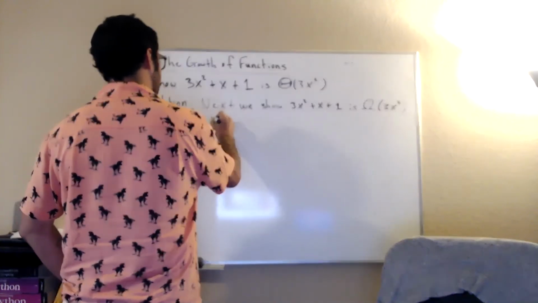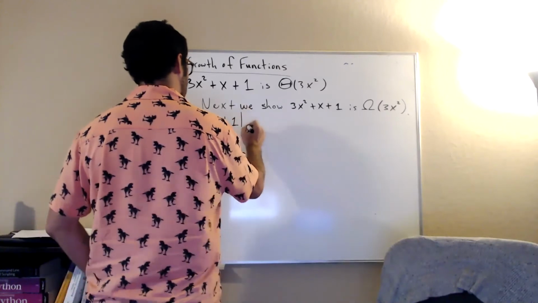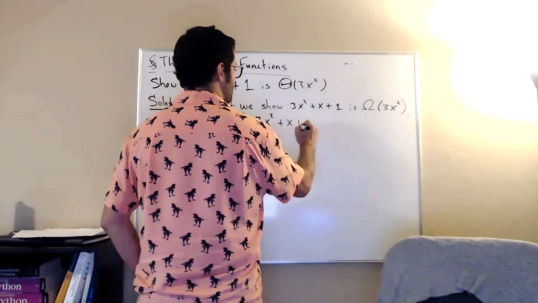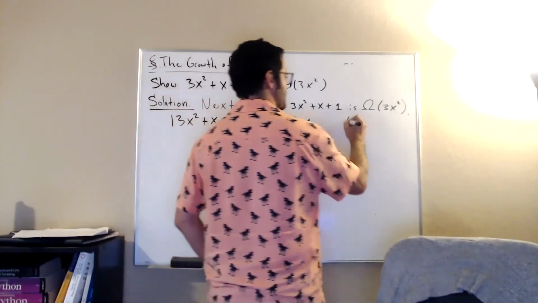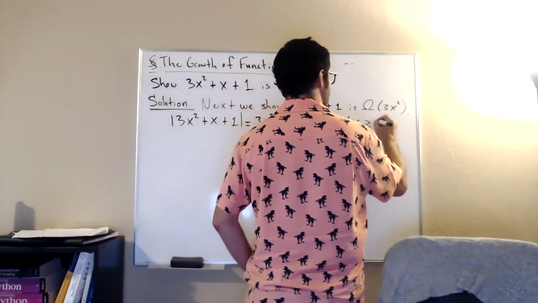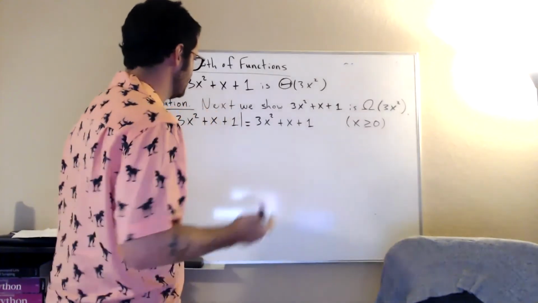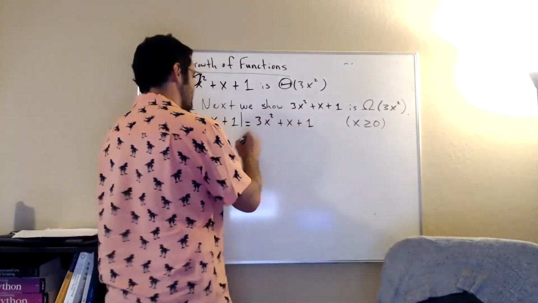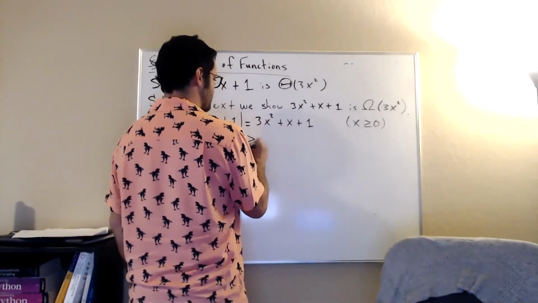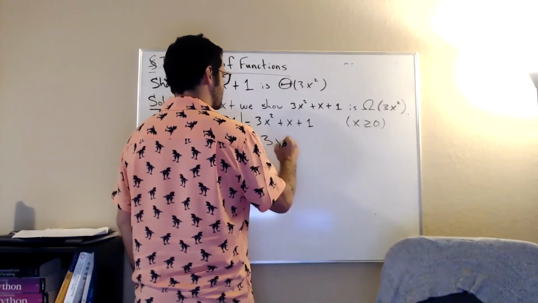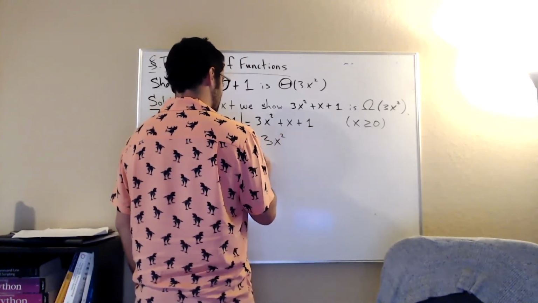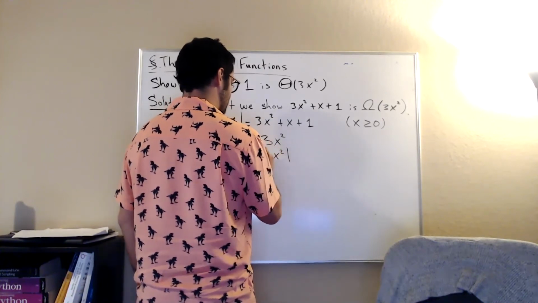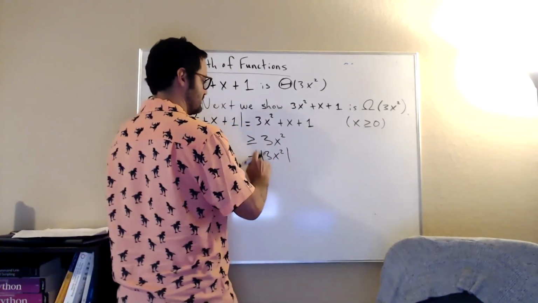So this is equal to 3x squared plus x plus 1 whenever x is greater than or equal to 0. And if x is positive, then this is surely greater than or equal to 3x squared, which is equal to 1 times that, right?